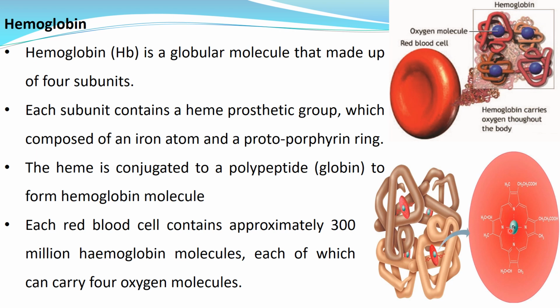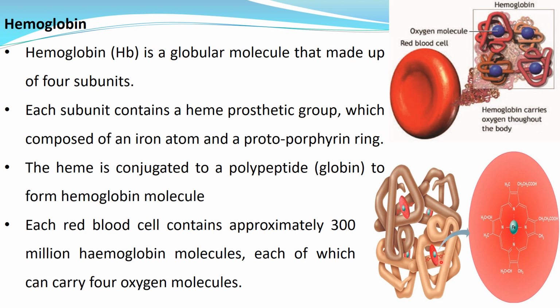So the heme is conjugated, as we mentioned before, with a polypeptide. The polypeptide, this folded structure, is called the globin. So the heme, the prosthetic group of the hemoglobin, is conjugated or combined with what? With a globular protein, which is called the globin.